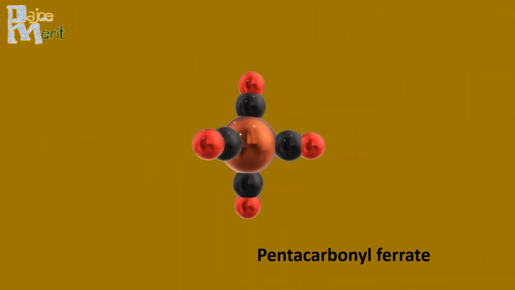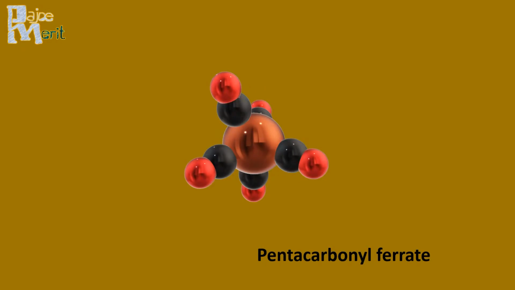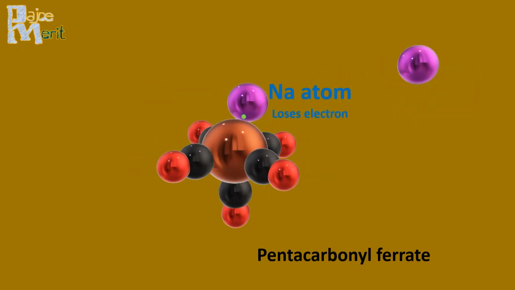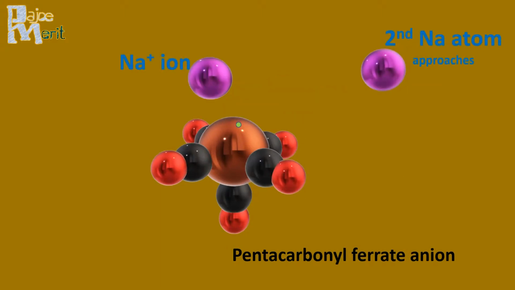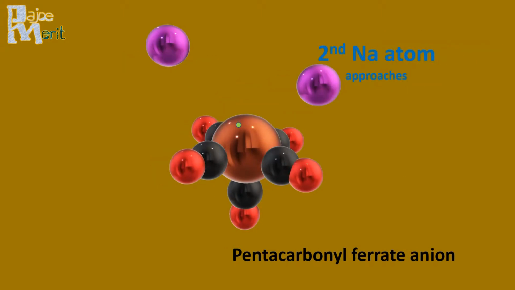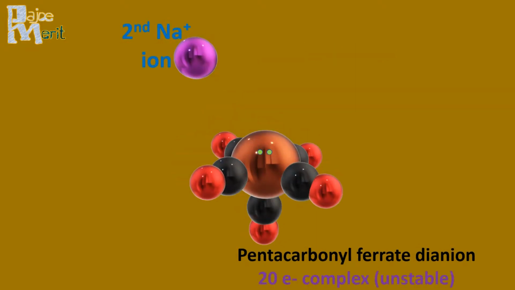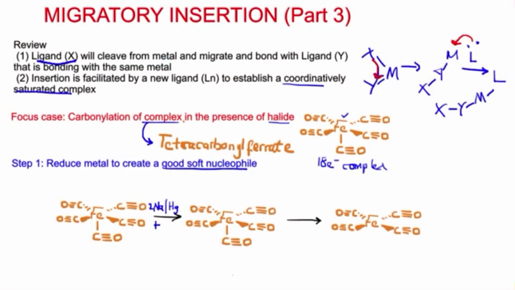If we use two sodium atoms right here, each sodium atom donates an electron to the metal center, which is iron, and that results in the gaining of 2 electrons to make this metal have a charge of 2 minus.